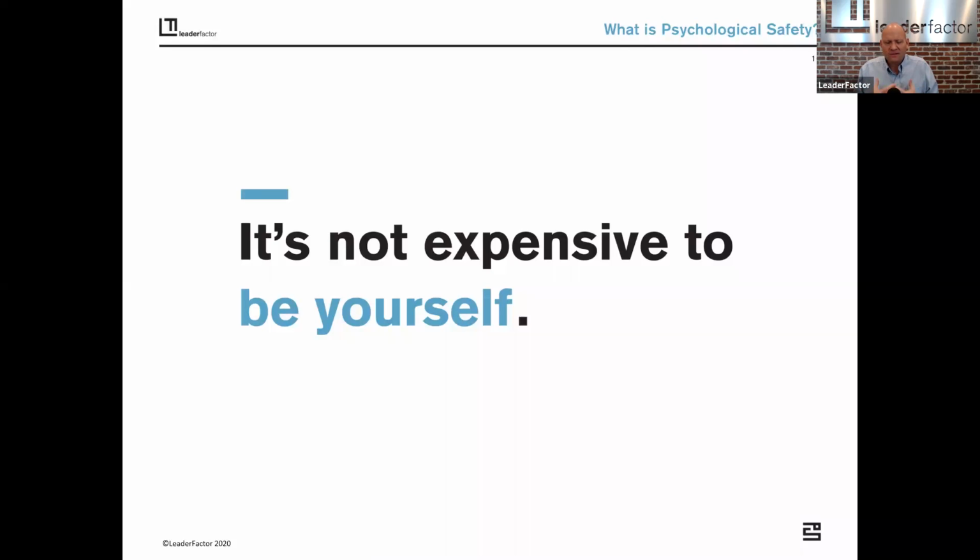And in the last 2 years, as you may know, the research has exploded, and we now have very solid empirical research and data to help us understand that psychological safety is really the valve that turns on the engagement and the discretionary efforts of people. In the most basic sense, it means that it's not expensive to be yourself.